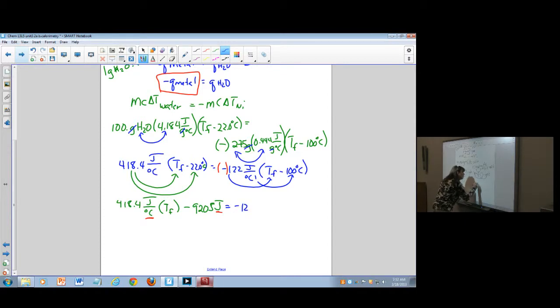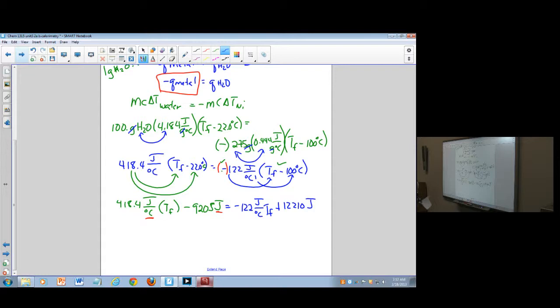negative 122 joules per degree Celsius times final temperature. And then notice here that I've got a negative times a negative. That's going to end up being a positive 12,210 joules.